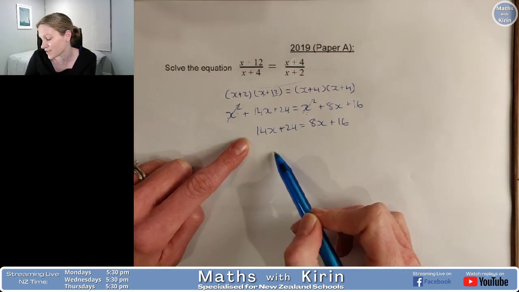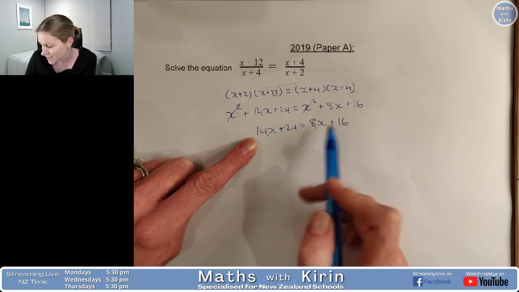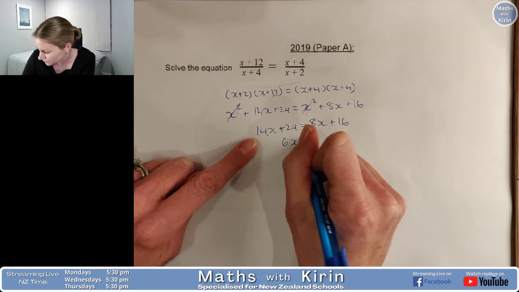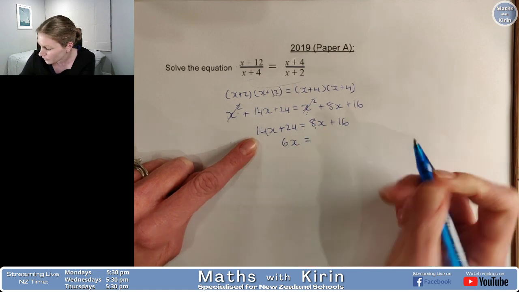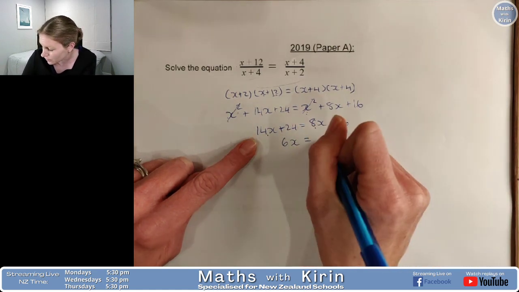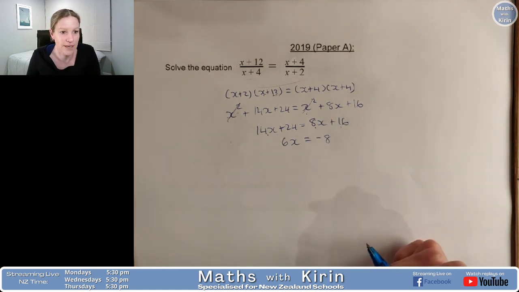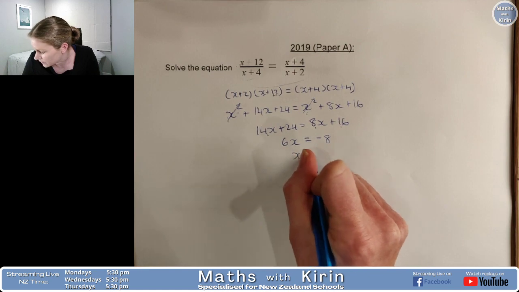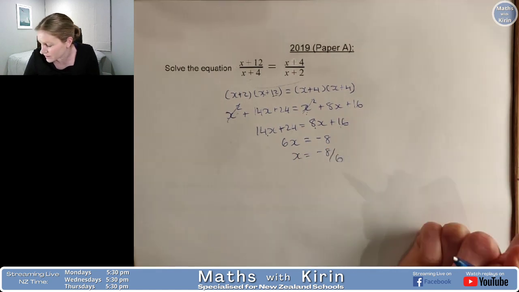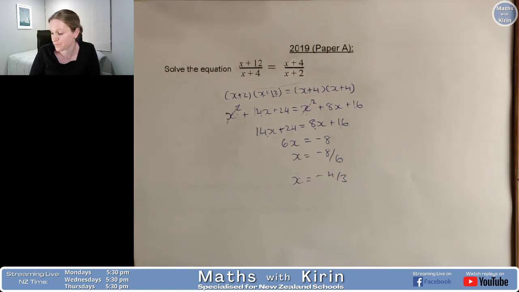Bringing our x to the left-hand side, if we've got 14x's and we minus 8x's, we get 6x. And then 16 minus 24 is going to give us negative 8. Okay, so 6x is equal to negative 8. So x is equal to negative 8 divided by 6, which we can simplify to negative 4 over 3.